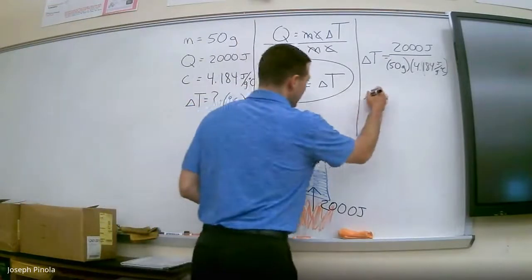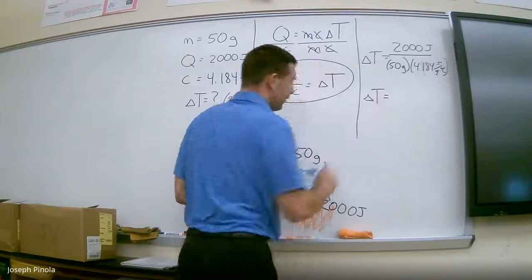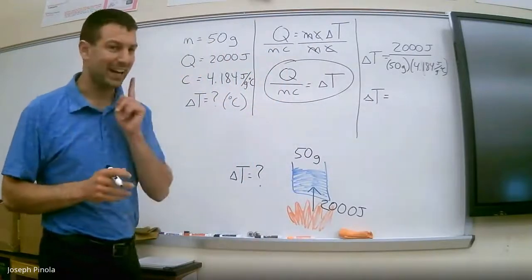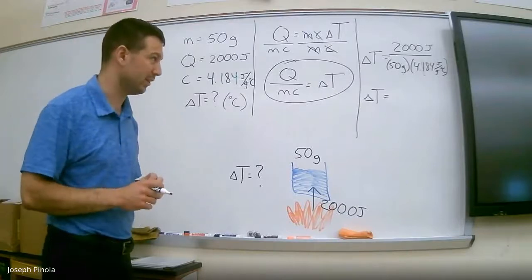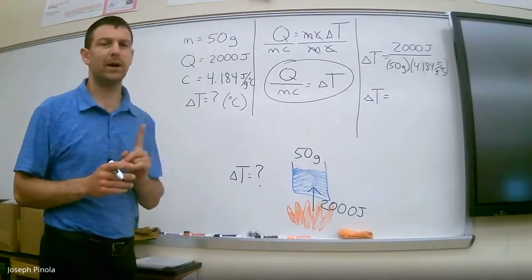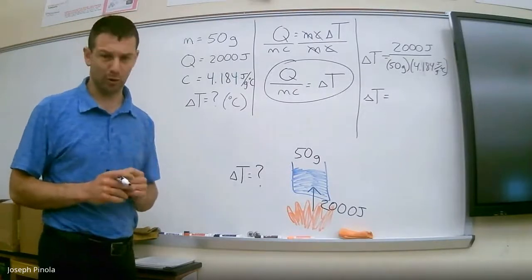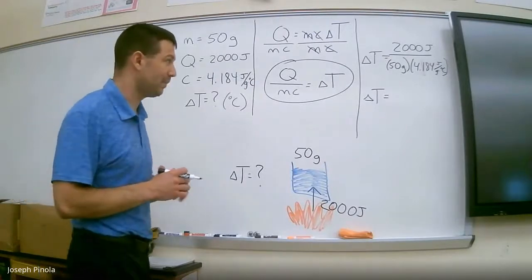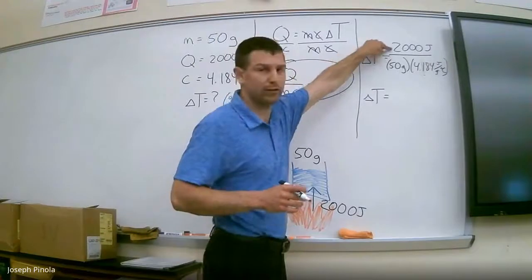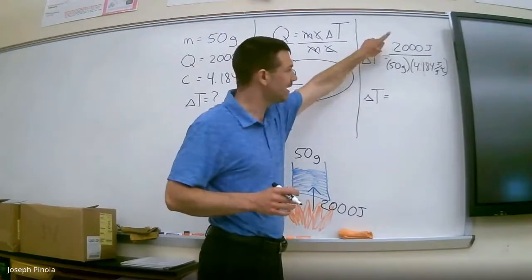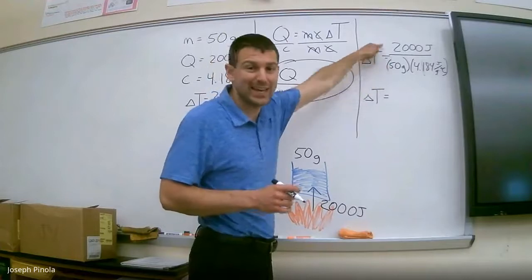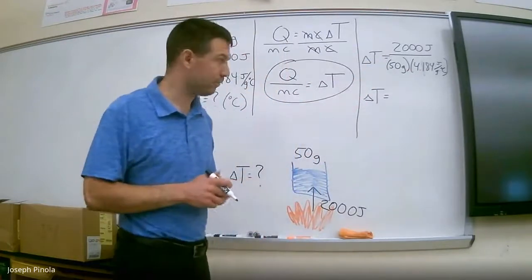So now I've got to be very careful when doing my math. If I just plug these numbers right into my calculator, I'm not going to get the correct answer because the calculator doesn't know how to do PEMDAS, or order of operations. To make sure I don't make a mistake, I'm going to do all the math in the numerator of the fraction first, then all of the math in the denominator of the fraction, and then I will divide those two.